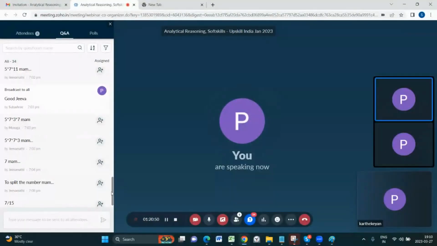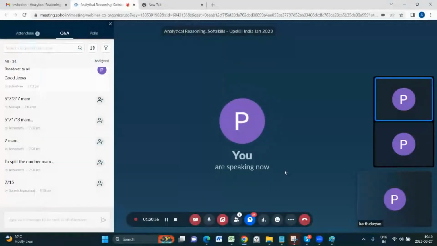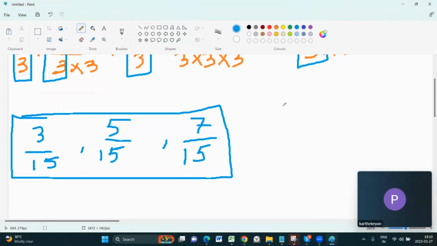How did you find out? Denominators are all common, so you checked which is the highest number in the numerator. When the denominator is common, you can compare using the numerator and conclude. That is why they take the LCM. If I give 1 by 5, 2 by 7, 3 by 8, you cannot say immediately which is highest.